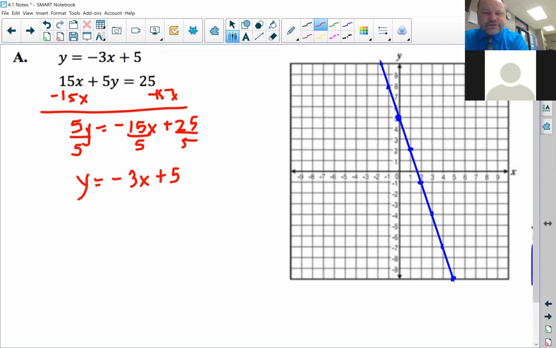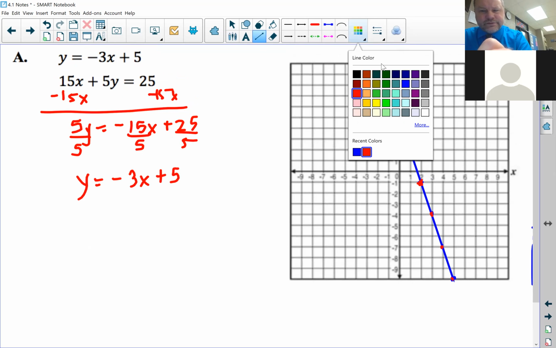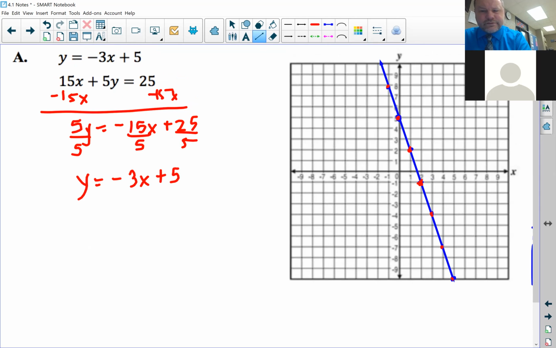So y-intercept is 5. Slope is negative 3. And if I graph that line, you'll notice it's the same line.